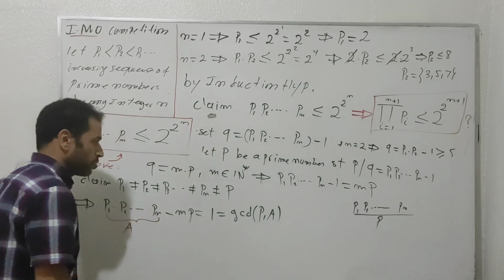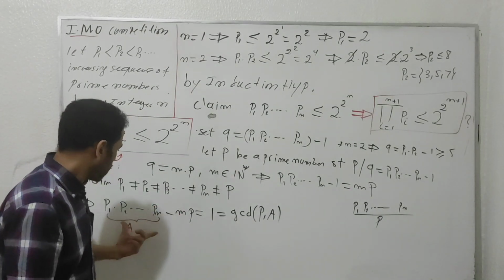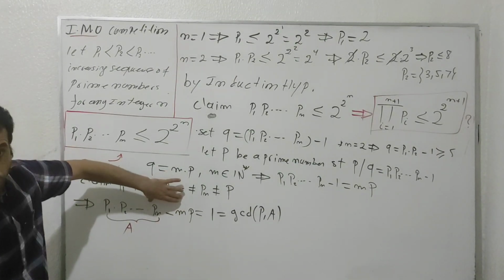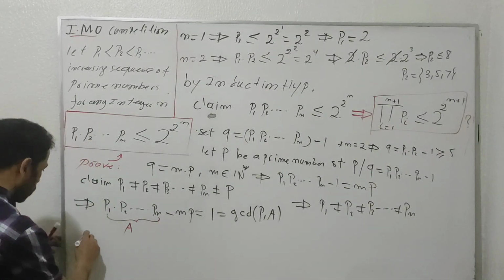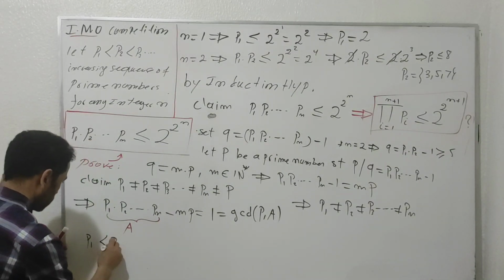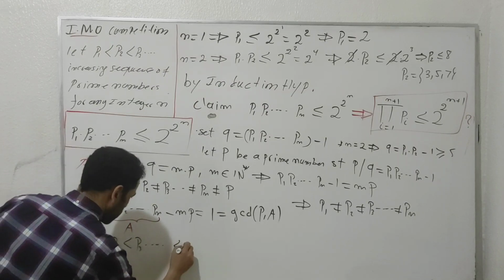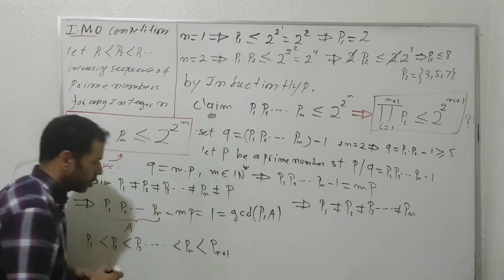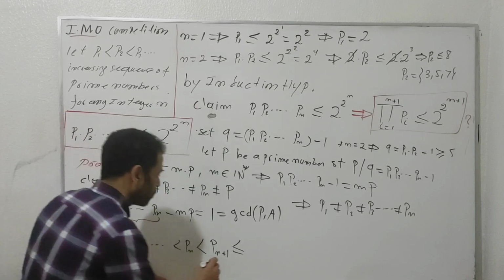Which means it is verifying the Bezout theorem, GCD of P and this product equals 1. Our assumption was true. Since we have an increasing sequence, P1 is strictly less than P2, strictly less than P3, all the way down to Pn, and Pn is strictly less than Pn plus 1, which means Pn plus 1 is less than or equal to P.